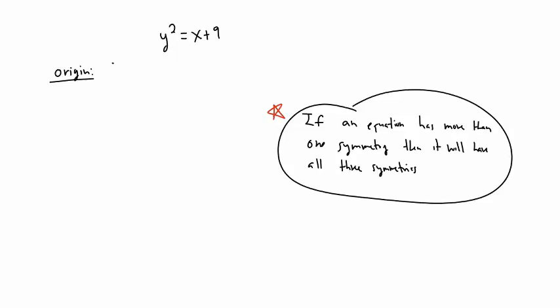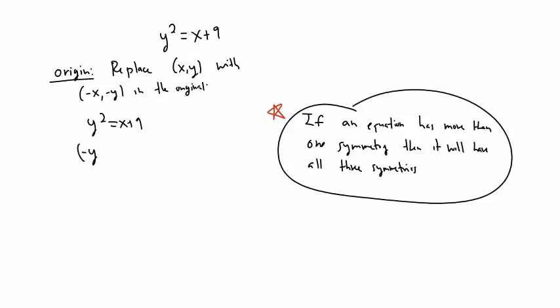So here, what we do generally is replace x comma y with minus x comma minus y. So the original becomes this equation, which when we simplify, we get y squared on the right equals minus x plus 9.